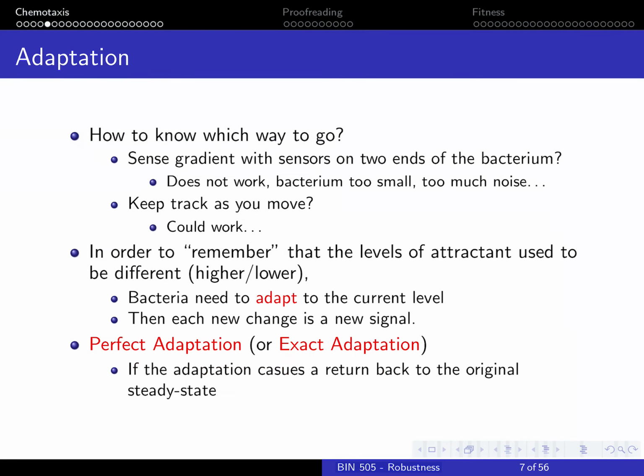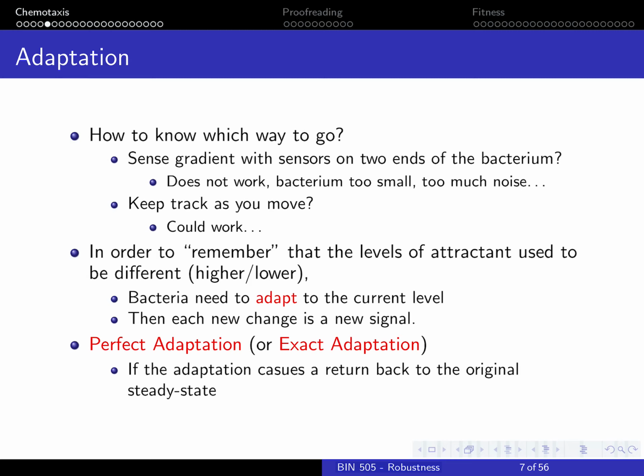Their idea of memory is they adapt to the current level biochemically, and then when the level they adapted to changes, they can do something about it. So if there's a change from what they adapted to, they tumble more, for example, or tumble less in this case.